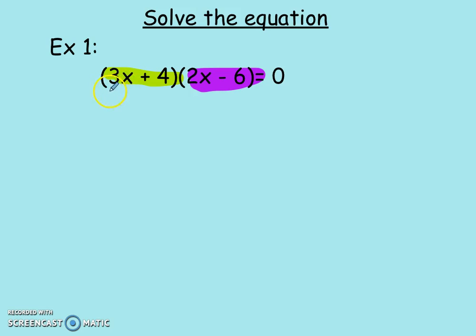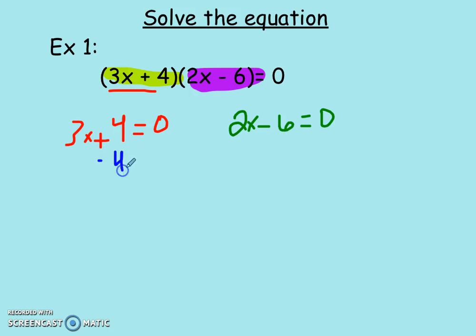The first one, 3x plus 4 equals 0, is one of our possibilities. And our second possibility is 2x minus 6 equals 0. Since both of these are true, we need to work both of them all the way out to find the two solutions that make this true.